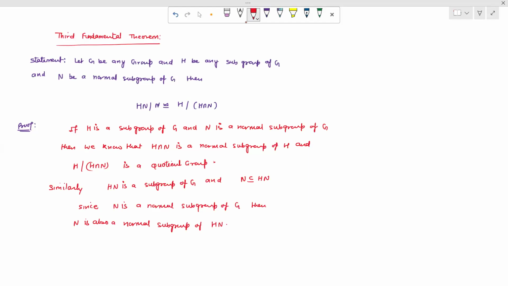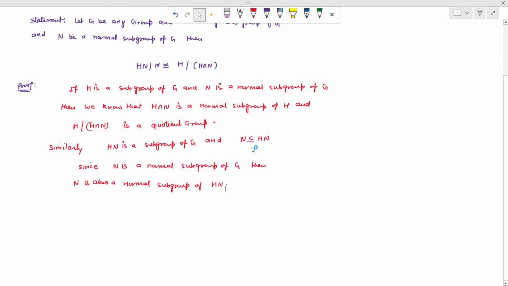So we can say that HN over N is a quotient group.